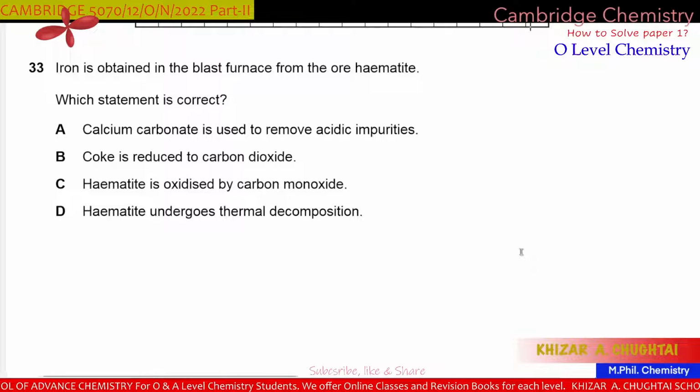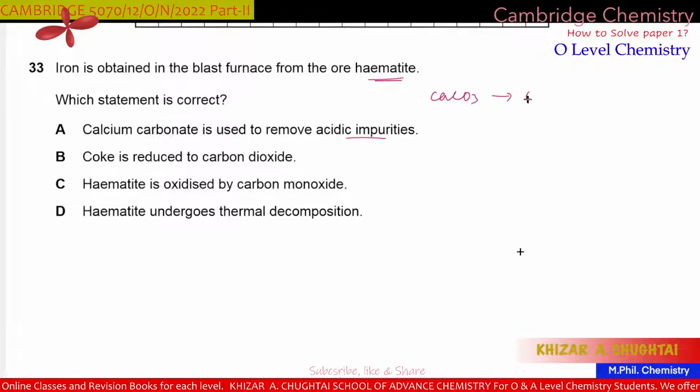Question number 33, iron is obtained in the blast furnace from the ore hematite. Which statement is correct? Calcium carbonate is used to remove the acidic impurities. Yes. When calcium carbonate is heated, first of all, it makes calcium oxide plus CO2.